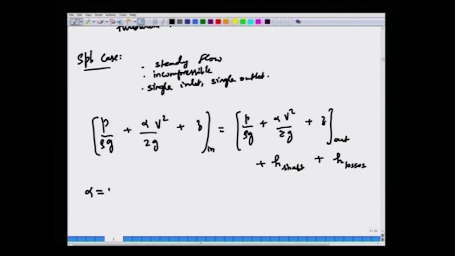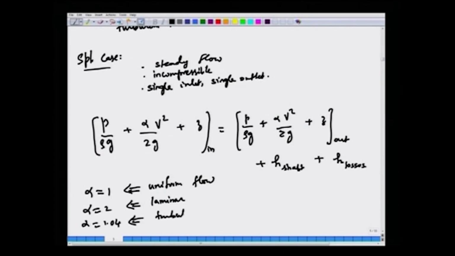If the flow is uniform, alpha is 1. If the flow is laminar, alpha is 2, and alpha is 1.04 if the flow is turbulent. So, this is very close to 1.